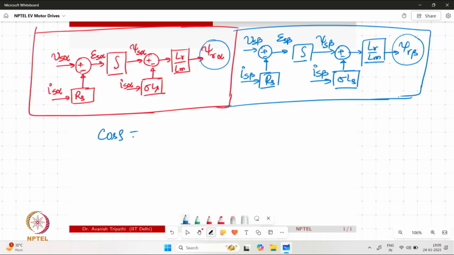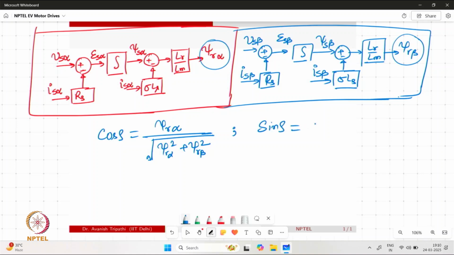So we have the cos rho unit vector given as the scaled alpha axis component of rotor flux, which is essentially scaling the magnitude of the alpha axis component.